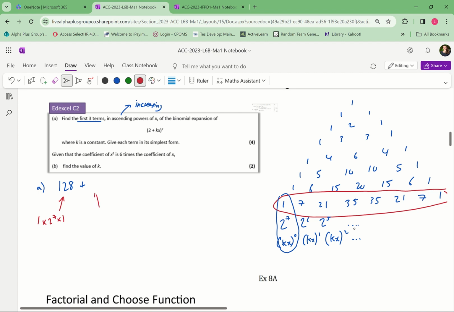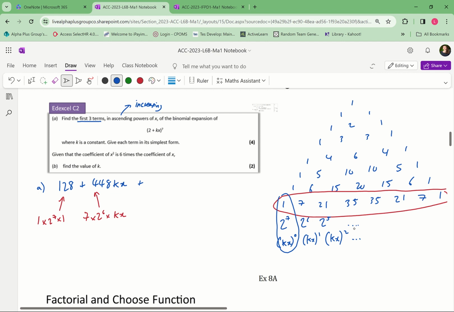The next term is going to be given by 7 times 2 to the power of 6 times kx. 2 to the power of 6 is 64 times 7 times kx. So we're going to have 448kx.